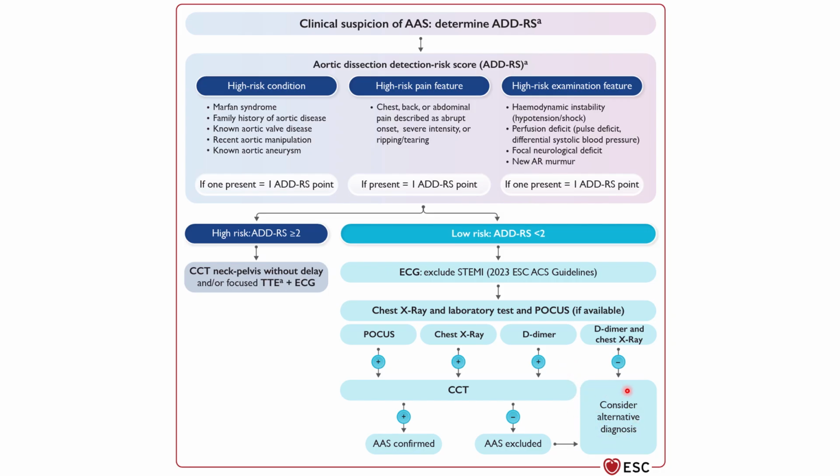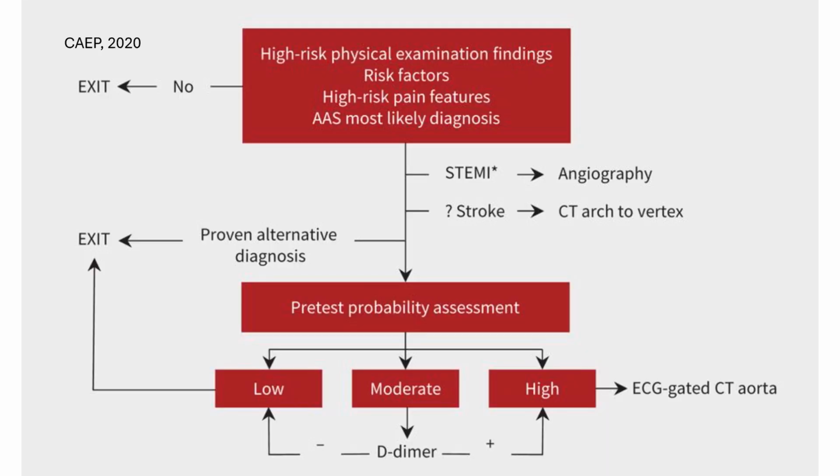So you have to consider, but if you don't find an alternative diagnosis, I guess then they don't really, it's a little bit vague, this algorithm. If the D-dimer is positive, though, then you'll go to the CT scan. If the chest X-ray is positive or the POCUS is positive, then you'll go to the CT scan. So that's the ESC guideline.